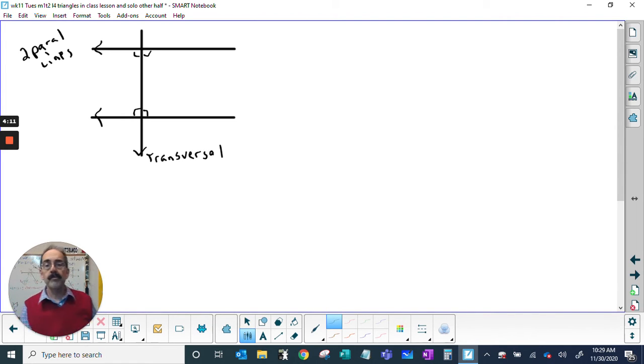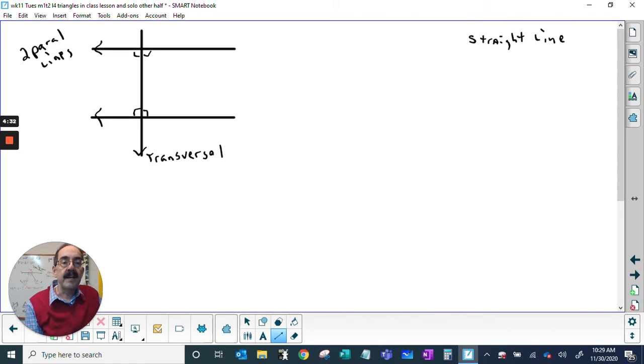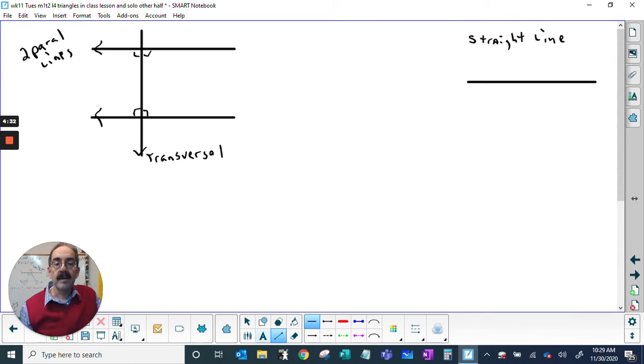I need you to remember that all straight lines are 180 degrees. That's something that we've learned. A straight line includes 180 degrees.